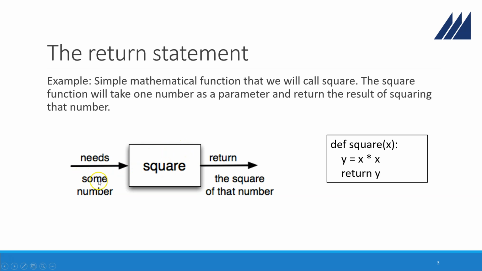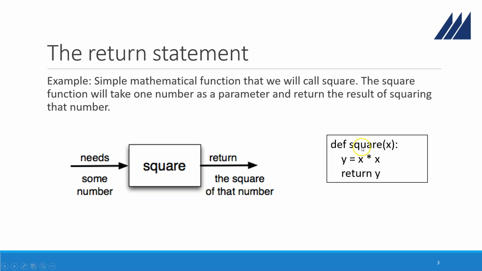It needs some number, which is the parameter that we declared in the header. It's going to be entered into the function, calculated in the function, and then the function is going to return the square of that number to where you called the function.